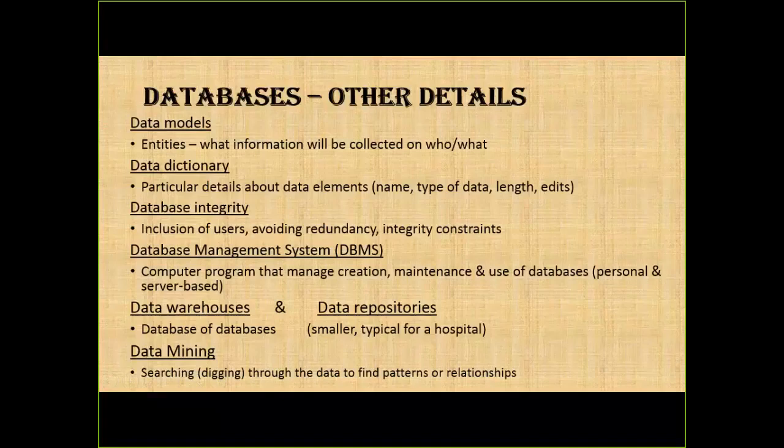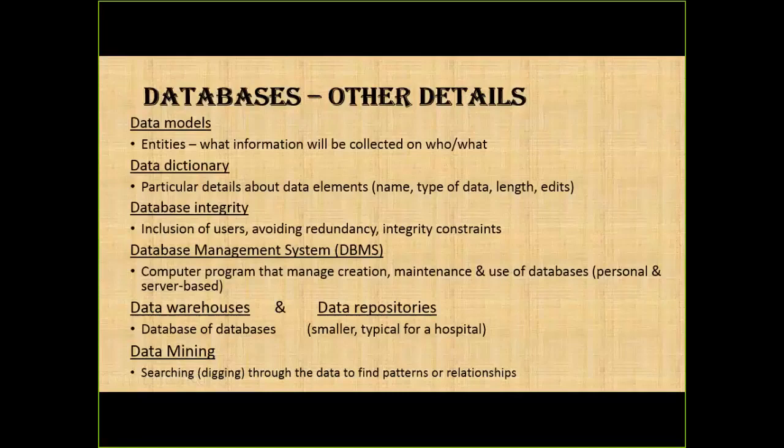Data dictionaries outline the data elements like the name or medical record number, the type of data, the length, edits. So for the first name, what is it? It's the first name of the patient. This is going to be alpha or letters. That's the type of data. How long is it going to be? Let's say we'll give it 25 characters just to make sure that all is going to fit in there.